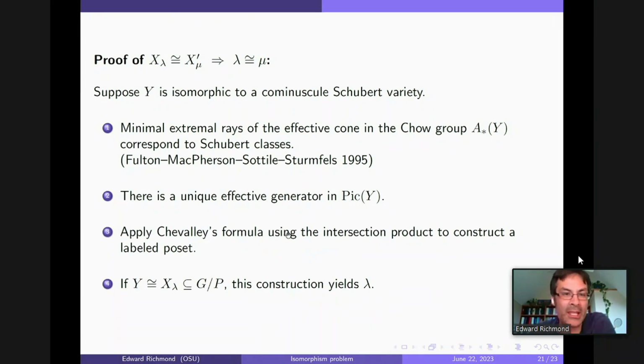Chevalley's formula in the co-minuscule case becomes very nice because it is just a box adding, box deleting operator. Well, it's a box adding operator, but we reformulate it to be a box deleting operator in our proof. And you can prove that you can put a poset structure on these extremal rays that generates the poset that we want using Chevalley's formula carefully.